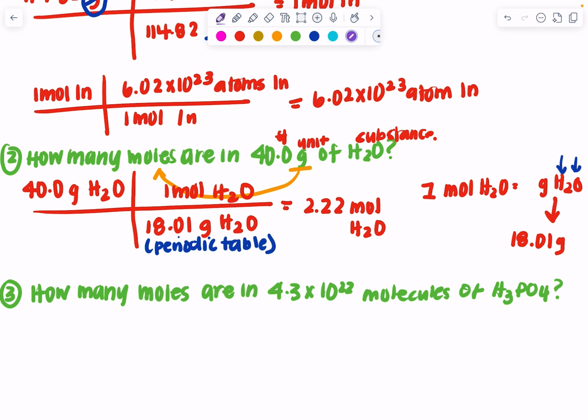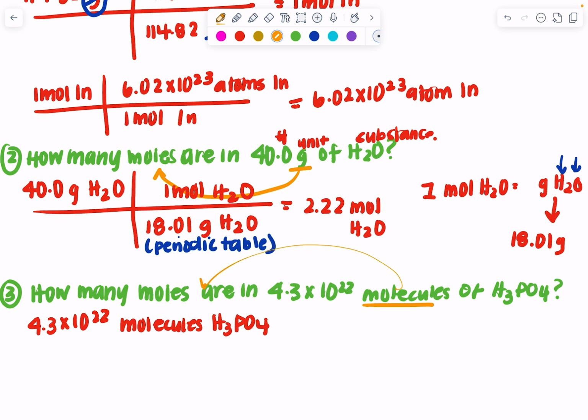Notice how there's nothing here that has to do with grams or mass. We're given 4.3 times 10 to the 22nd molecules of H3PO4, and we're asked to go to moles. Okay? So there is nothing about mass.